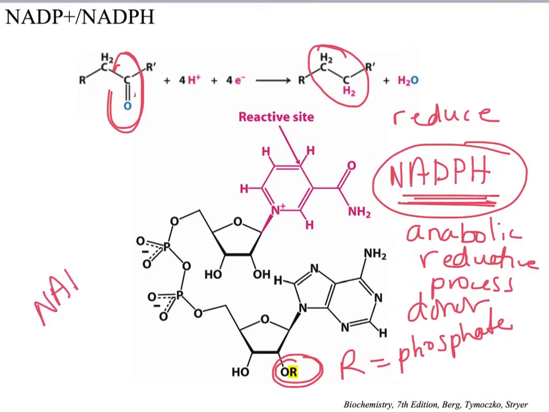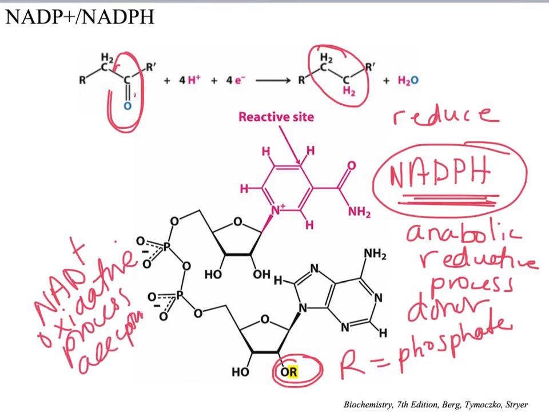NAD plus is used in an oxidative process, and it is an acceptor of electrons. Now, the phosphoryl group is important on this 2' hydroxyl of adenosine because it enables enzymes to distinguish between a high potential electron donor as opposed to a high potential electron acceptor. So it serves as a tag.